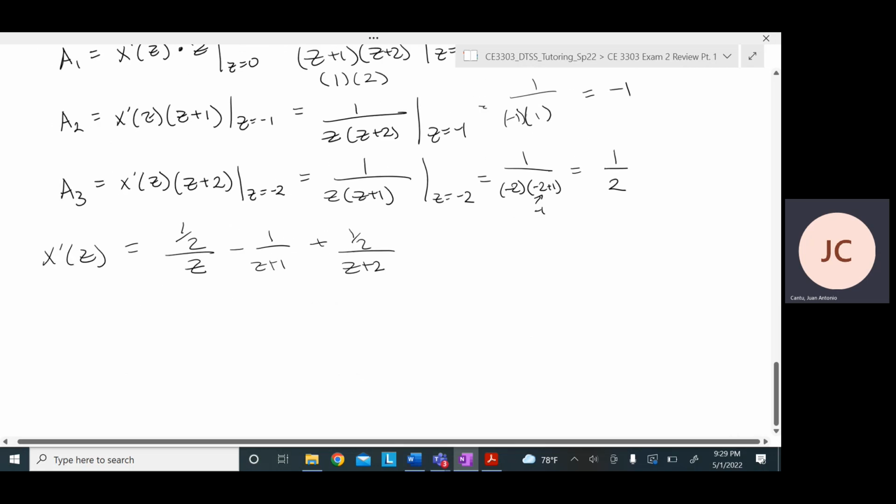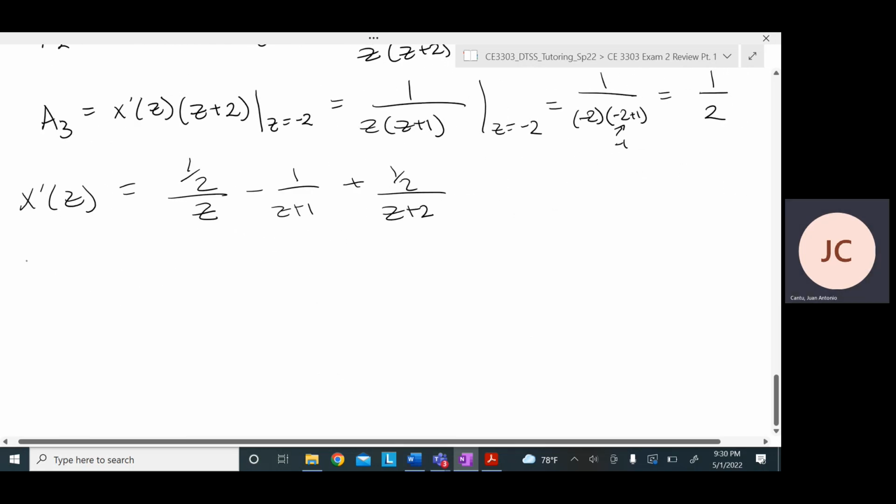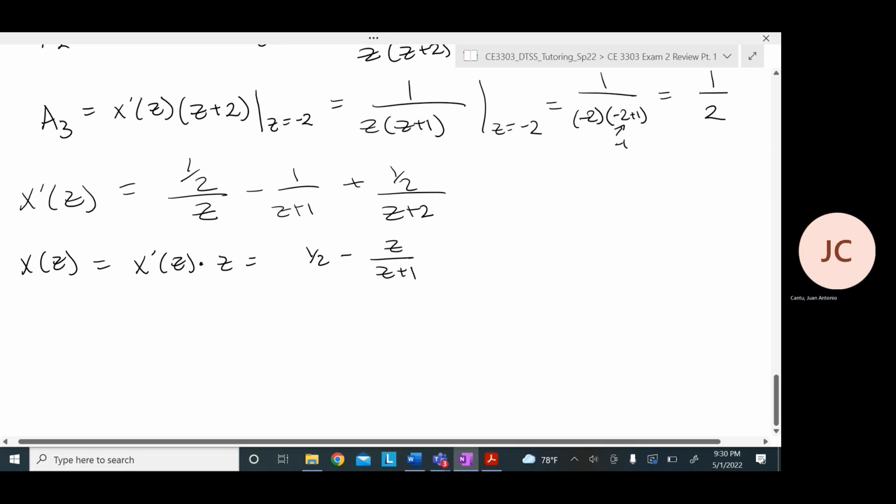So now that we've got that, we can say x of z is equal to x prime of z times z, which is equal to 1/2, just 1/2, yeah, the z's cancel out, minus z over z plus 1 plus 1/2 times z over z plus 2.